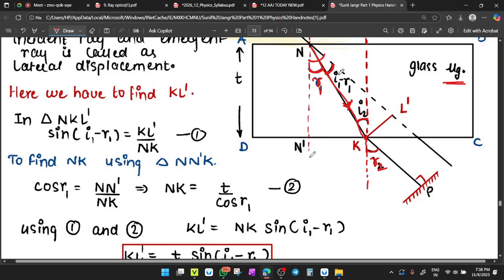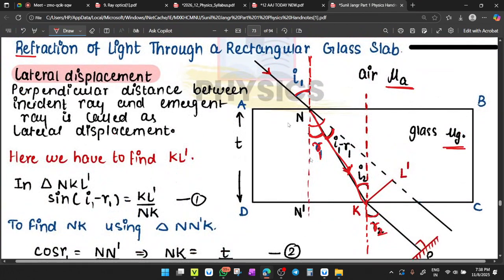So what is the direction of the incident ray? This dotted line refers to the direction of the incident ray. So you see what is exactly between the incident ray and the emergent ray. There is a gap between them. Clear or not clear?